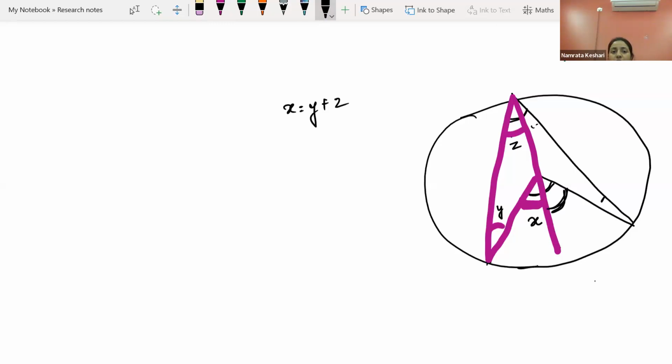But one more thing we must notice: this triangle AOB is an isosceles triangle. Can you see OB is the radius and OA is also the radius, right?